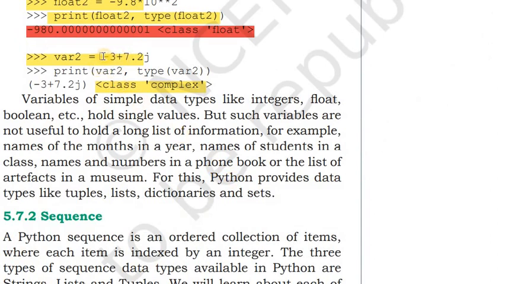Then you are declaring another variable var2 and assigning the value minus 3 plus 7.2j, and you are printing the value of var2, so it prints minus 3 plus 7.2j, and you are calling the function type on var2, so its output is class complex. It belongs to the complex class. Okay, I hope it is very much clear to you, students.